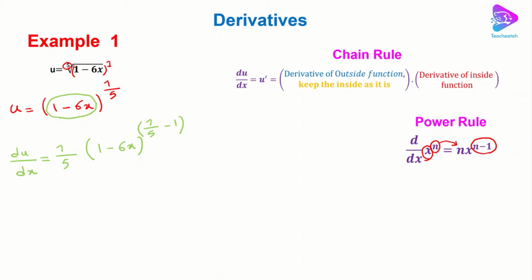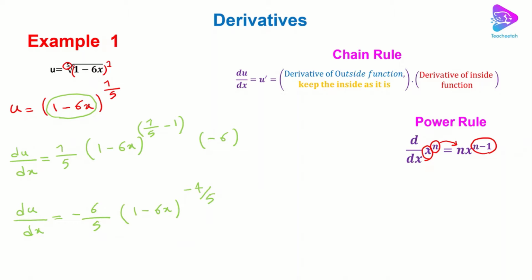And now it's time to take the derivative of the inside function, which is 1 minus 6x. The derivative of a constant number is 0. The derivative of a constant times the variable is the constant number. So we'll get minus 6. So the answer at the end is du over dx equals minus 6 over 5, 1 minus 6x to the power of minus 4 over 5.